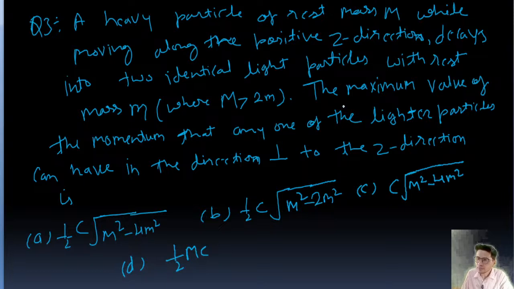We need to find the maximum value of momentum that any one of the lighter particles can have in the direction perpendicular to the z direction. This is the question.